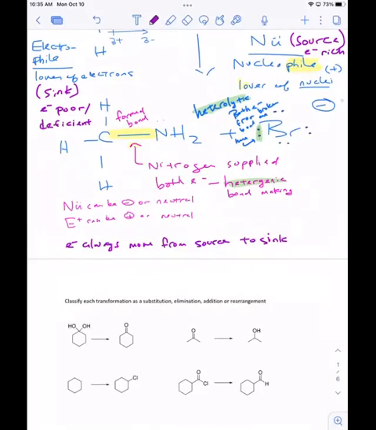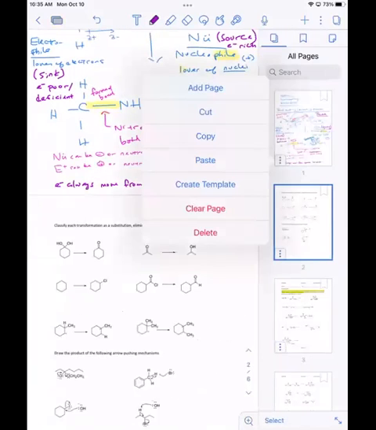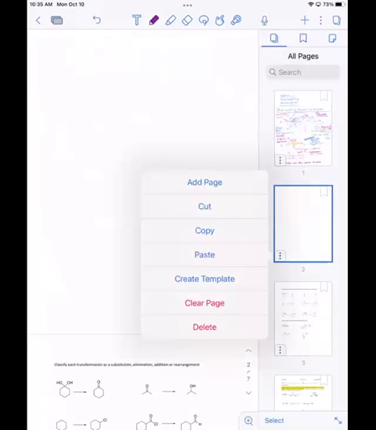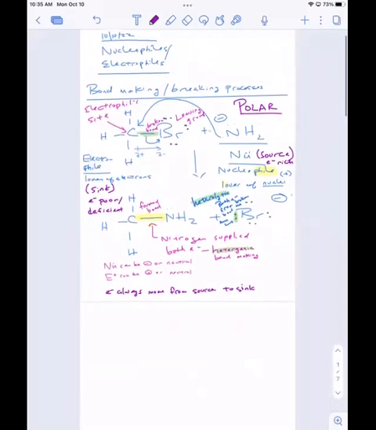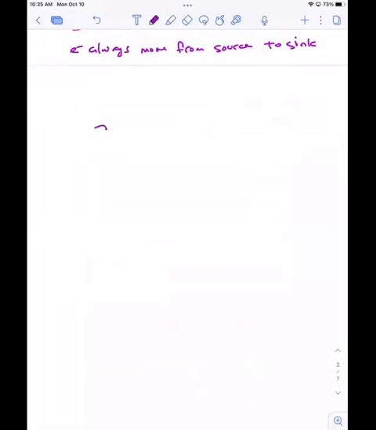All right, let me introduce you to the other type of reaction we're going to study, and then we're going to go through the same thing like we did here with the bond making and the bond breaking and arrows and all of this stuff. This is actually a reaction we're going to study later.